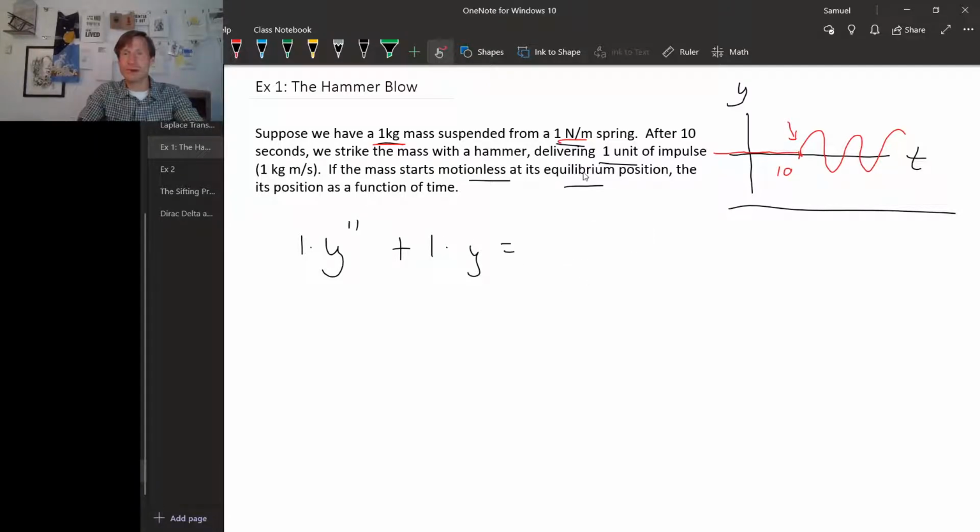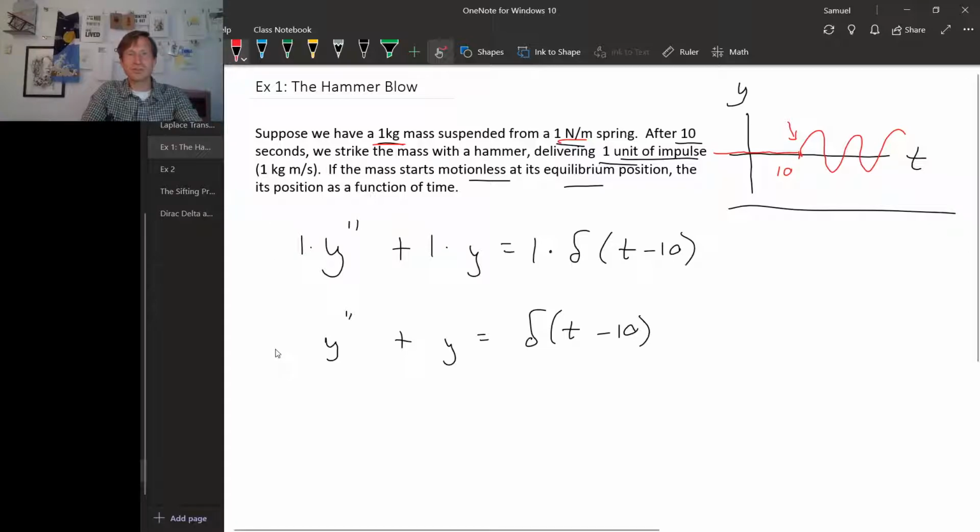And we have 1 unit of impulse at time 10, so it's 1 times Dirac delta at t minus 10. Simplifying everything, this is y double prime plus y equals Dirac delta of t minus 10.